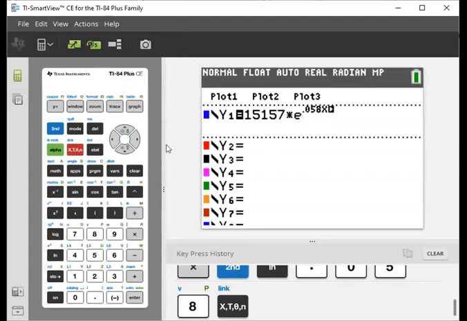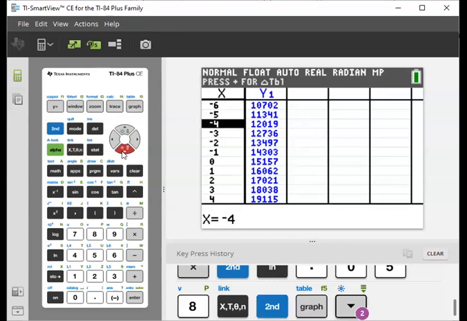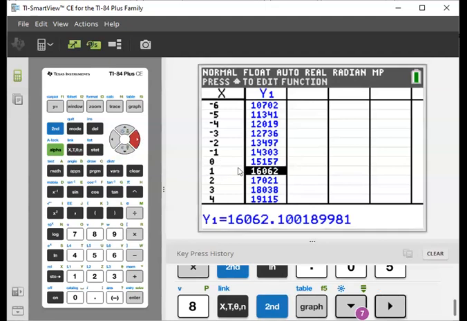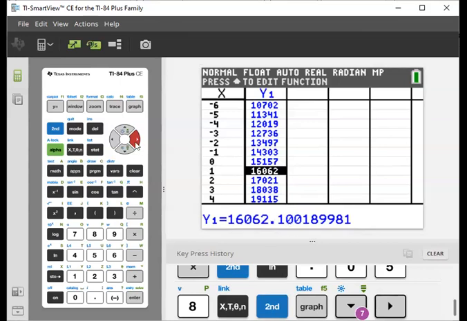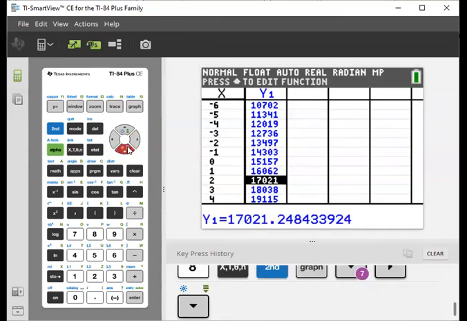So I've typed in my function. Now I can go second table, and they want to know what 1 year is, and it says to round to 2 decimal places. So when you go over to it, you can see it's $16,062.10, but you have to go over to it to see the whole number. So then I would scroll down and go, well, what is it at 2 years?